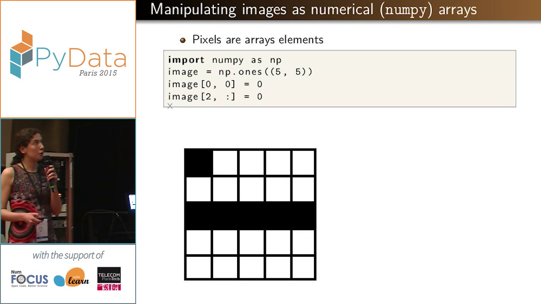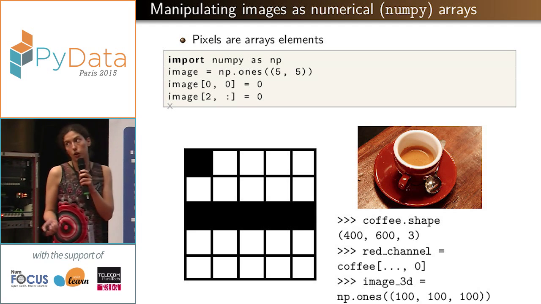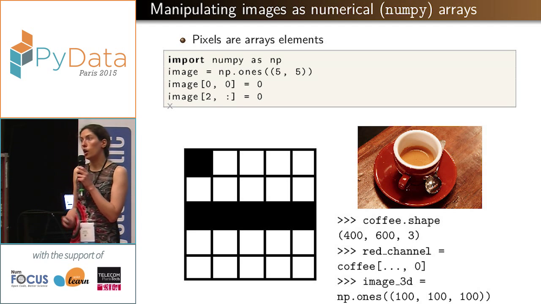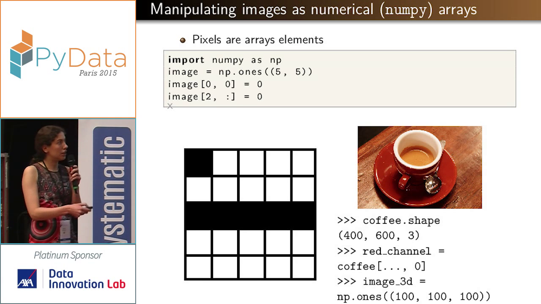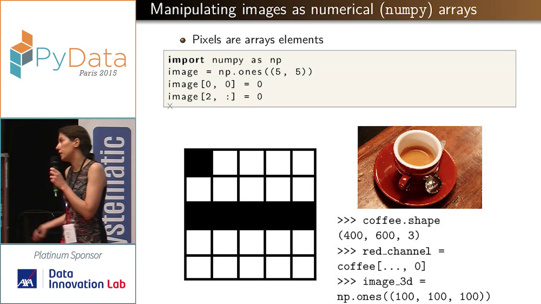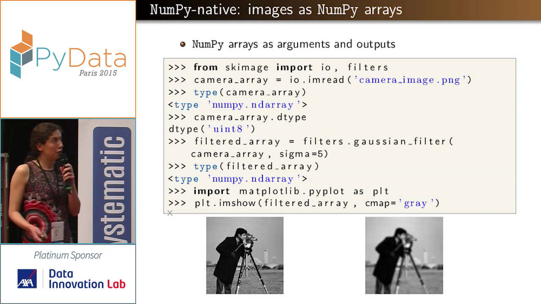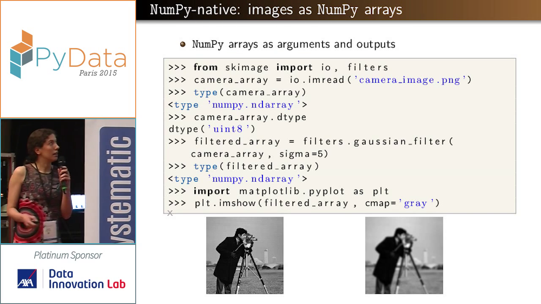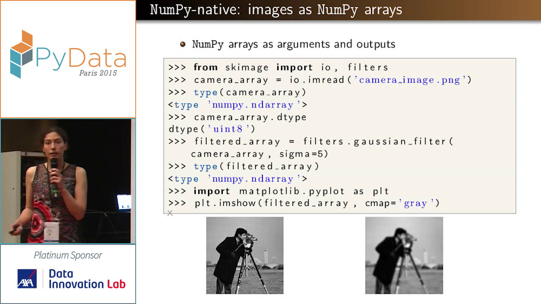If you want to use color images, then you just add one dimension for the color channels. And obviously, if you have a 3D grayscale image, then you just have a third dimension for your array. Therefore, in Scikit-image, functions take NumPy arrays as inputs and outputs.